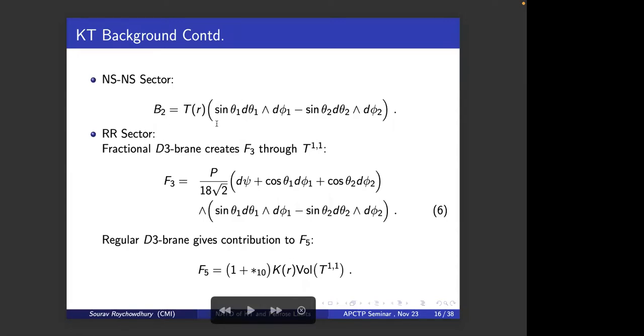The presence of the fractional D3 branes, which are the wrapped D5 branes, creates an F3 contribution to the cycles of T11, and this is the F3. We also have an F5 contribution which comes from the regular D3 branes, which is up to a factor the volume of T11.